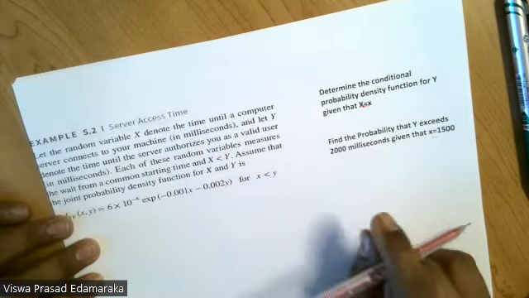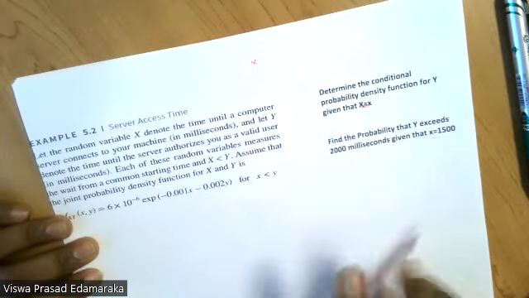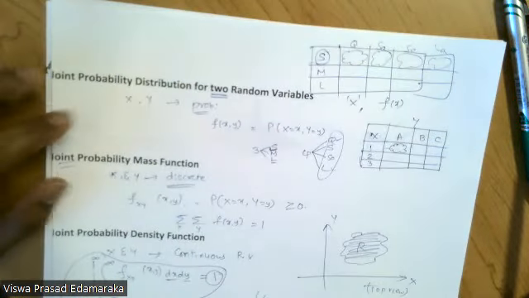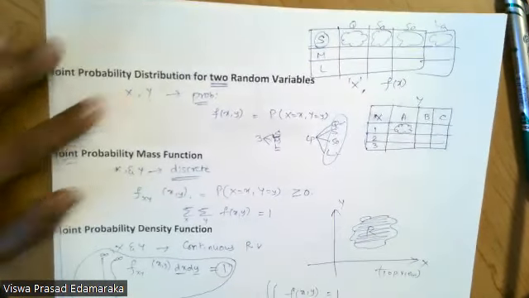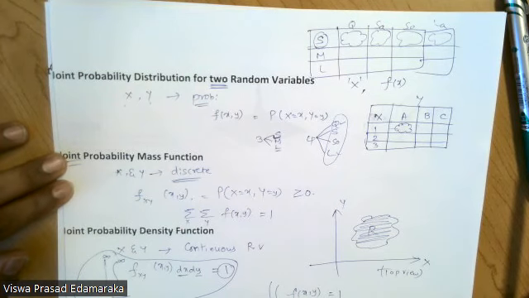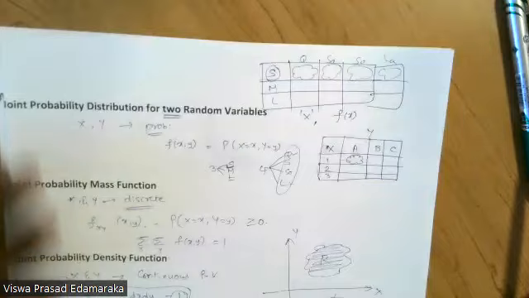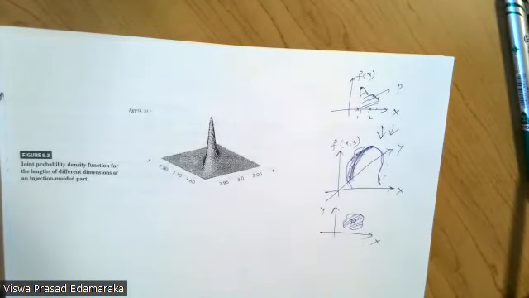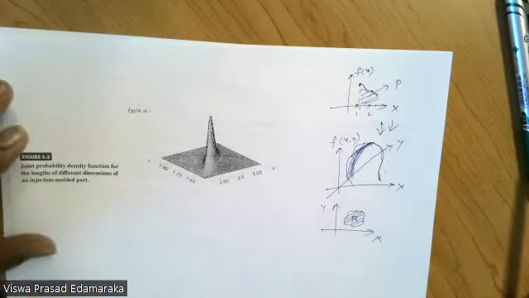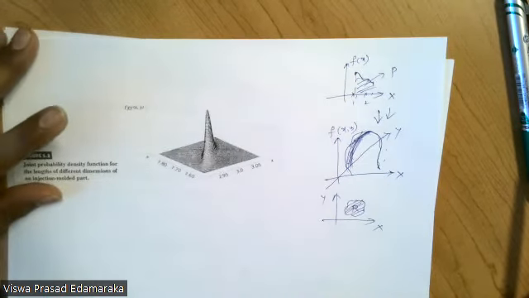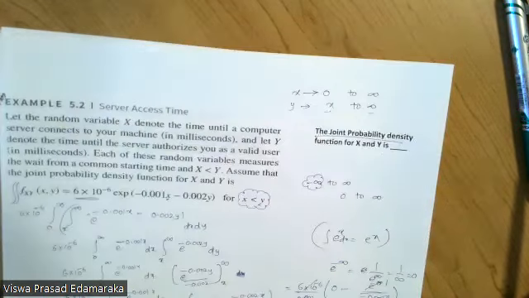Okay, I'll stop here. So far, we have seen the joint probability distribution for two random variables: the joint probability mass function that is discrete, and the joint probability density function that is continuous. This is how it looks when we plot a diagram between x, y, and f of x comma y.